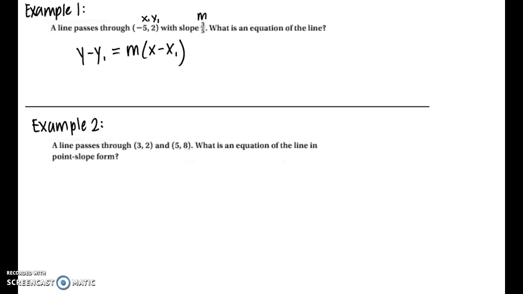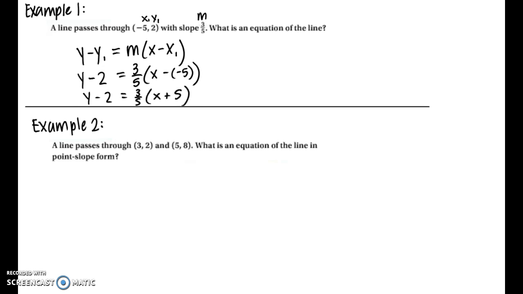From there, you just need to substitute in those given values. So we have the equation y minus 2 is equal to 3/5 times the quantity x minus negative 5. Now remember, we can't just keep it like that with a double negative. Double negative gives us a positive, so our final answer is y minus 2 equals 3/5 times the quantity x plus 5.